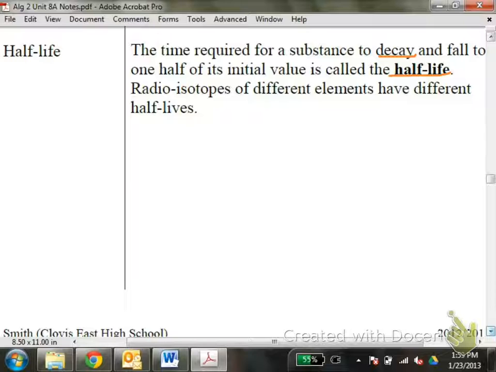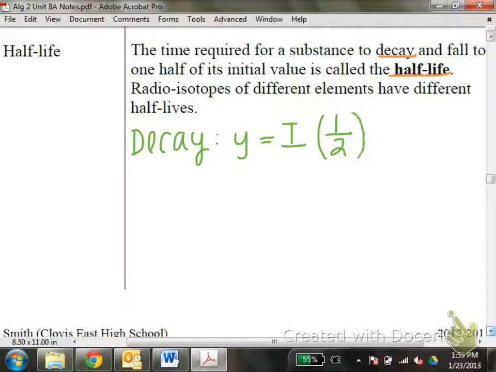So the formula for decay will always be, let's say y is the amount that you have after a given amount of time. Your initial amount, so I'm going to call it I for initial, sometimes it's something different, times 1/2 to the power of t over h.